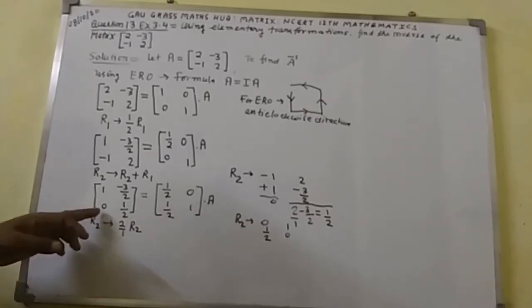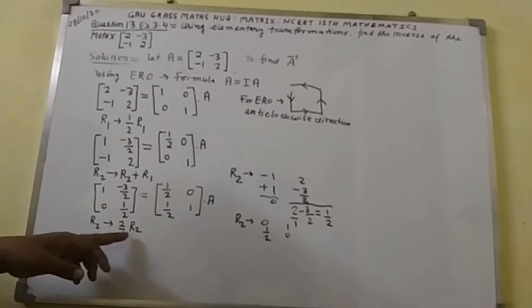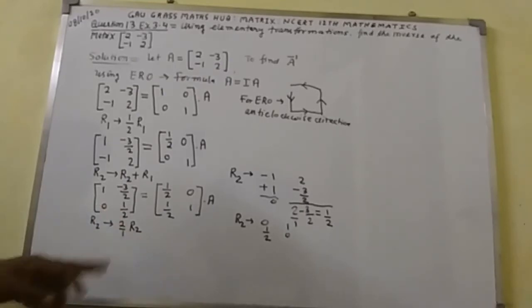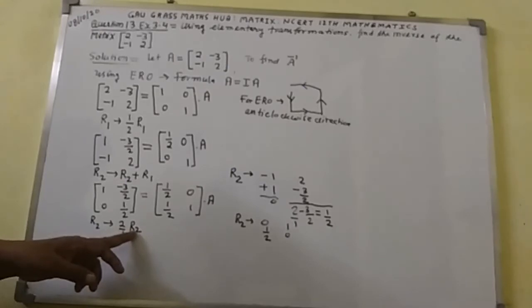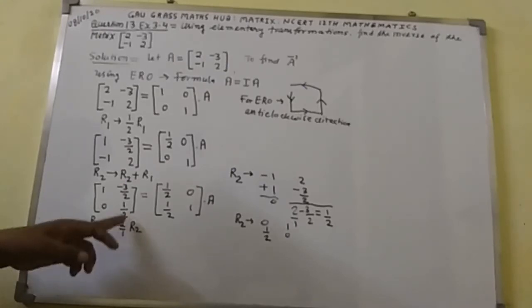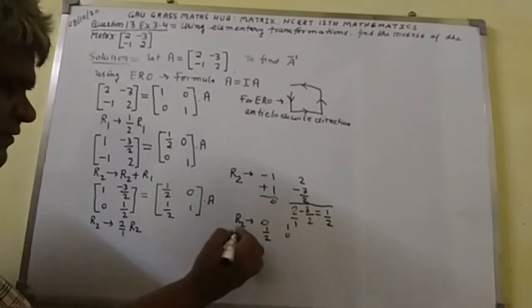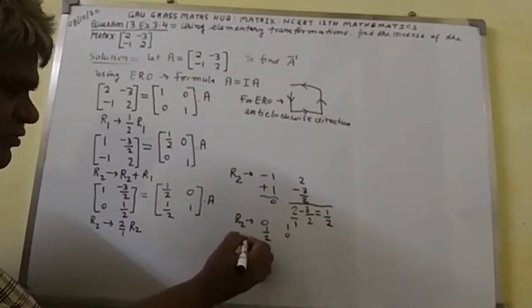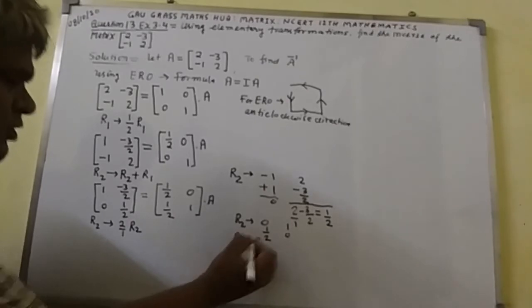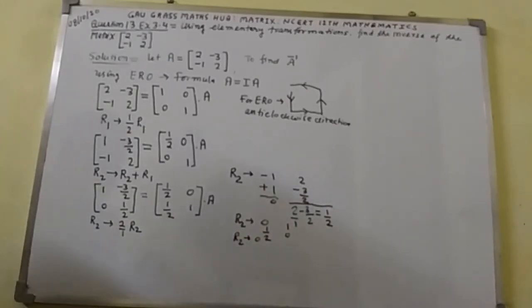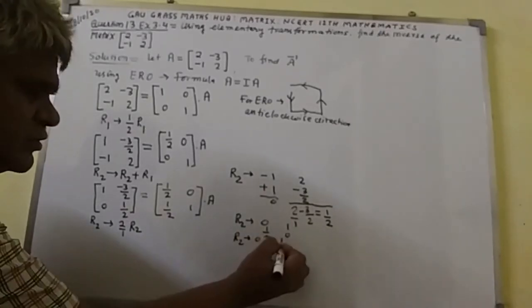So if I take the value of R2 here 0, the 0 is multiplied by 2 and comes out to 0. Here in place of R2, if I write 1 over 2, so 1 over 2 times 2 over 1. So here we will get R2: 0, 1 over 2.